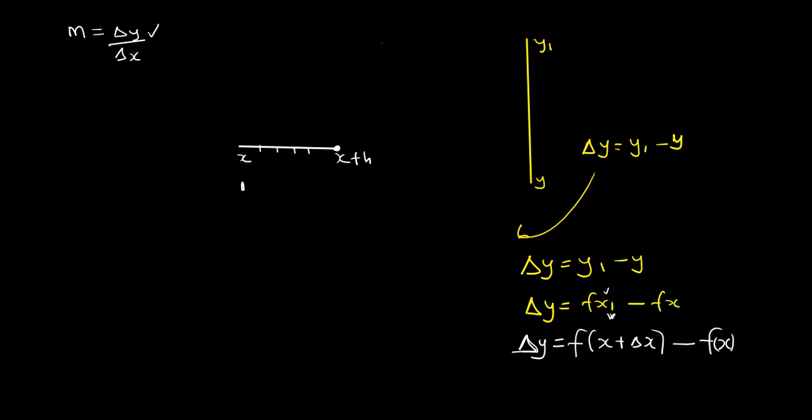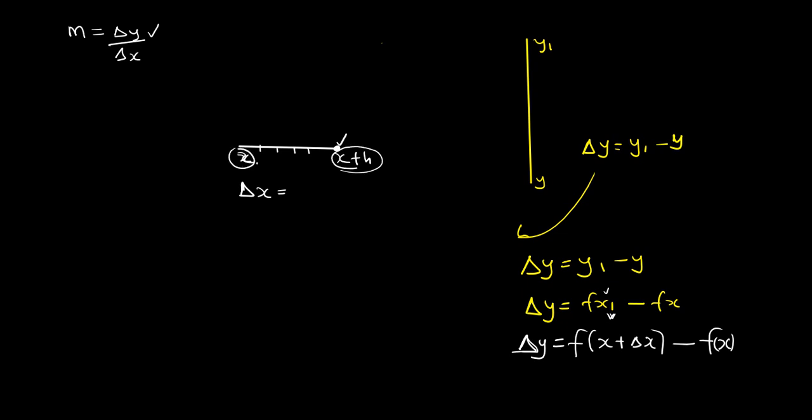So change in x is equal to this initial x that we have minus these guys we have at the point. We can say this is a, then this is b. So change in x is b minus a.